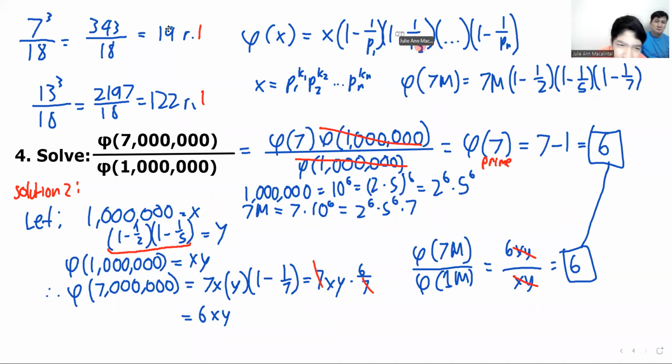We can substitute again if it wasn't clear: 7x, because 1 million is x, and then this block is y, which we declared earlier, and then times 1 minus 1 over 7. So that's how we got this. Nice. So 6. That's our final answer.